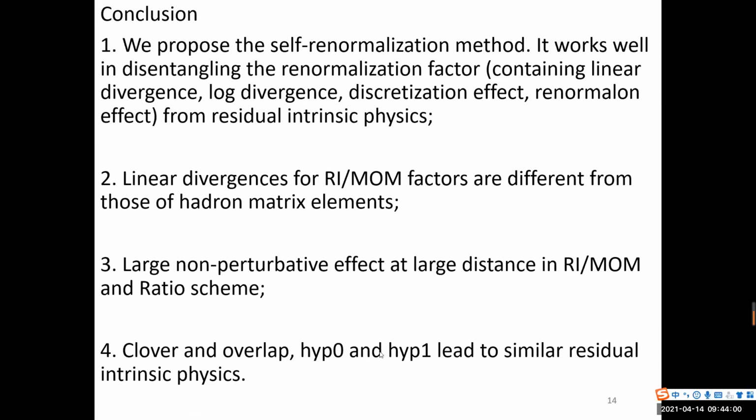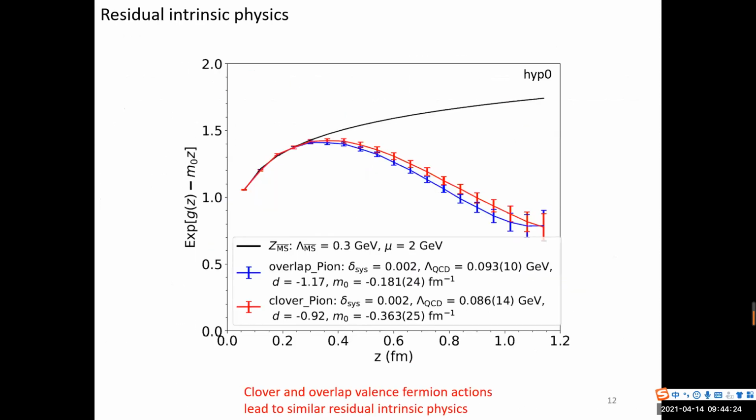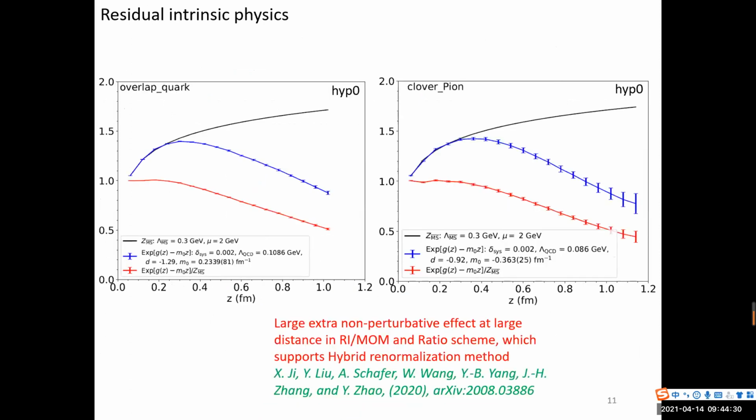Yes, I just want to make a comment about Yong's question on the previous talk. This is relevant to this talk because what we have done is to look at the renormalization factor for z greater than roughly 0.25 or 0.3 Fermi, and there are large non-perturbative effects. Therefore, if one does a coordinate space expansion, we cannot use the data for z much greater than, let's say, 0.4.